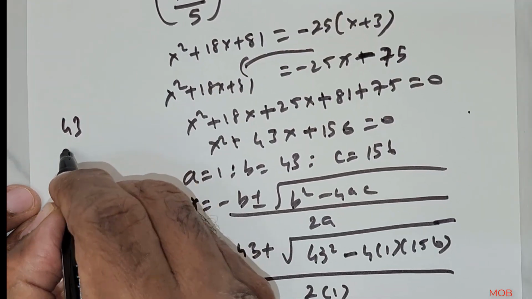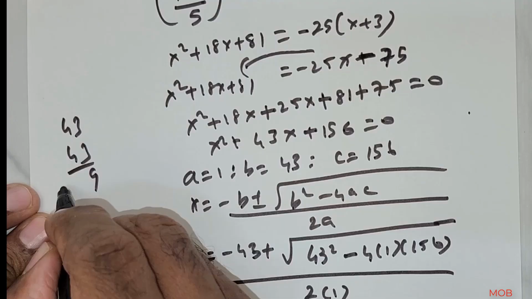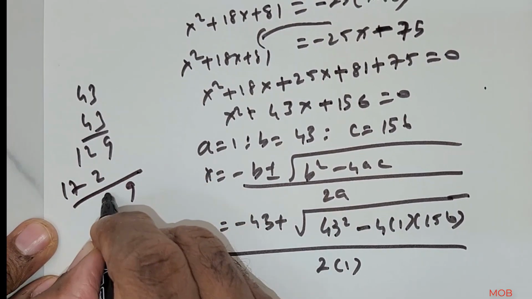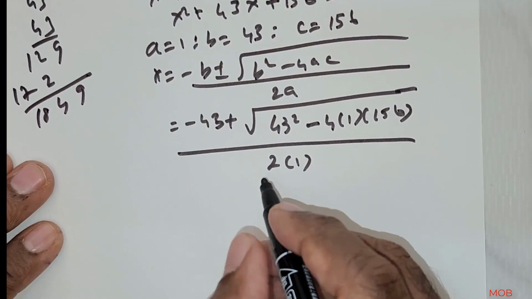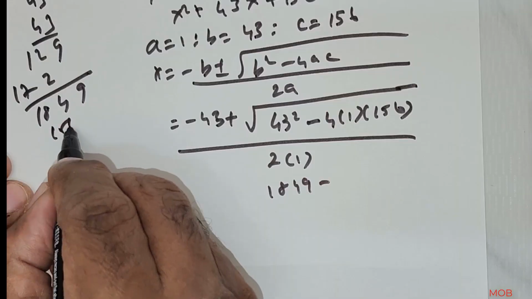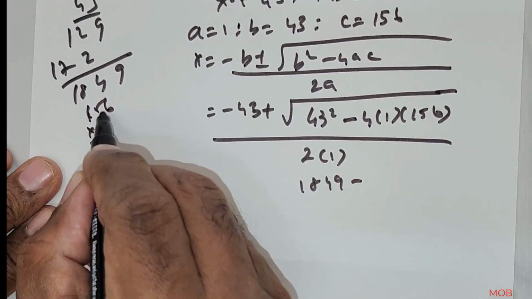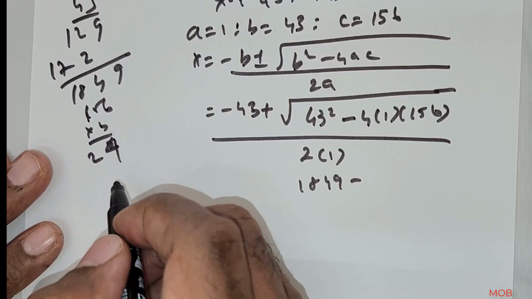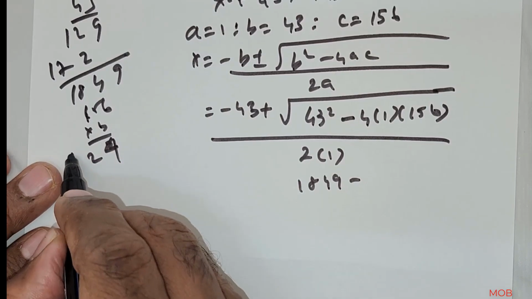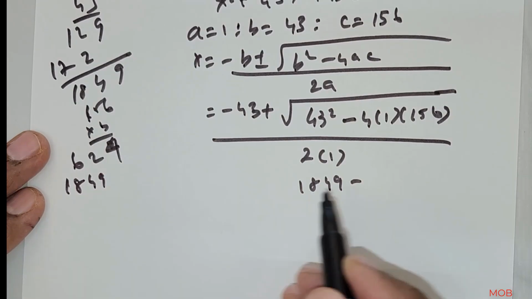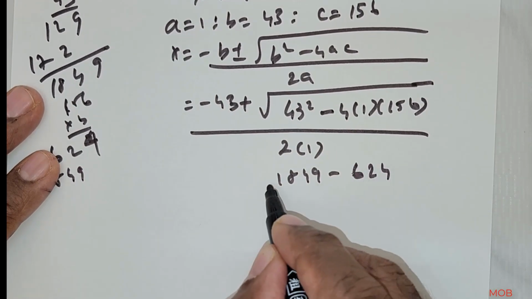Now 43 squared: 3 3s are 9, 4 3s are 12, 16, 17, 9, 4, 8, 1, 1849. Then 156 multiplied by 4 is 624. So from 1849 you subtract 624.